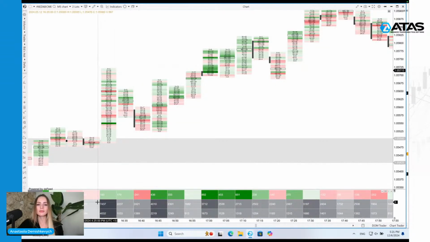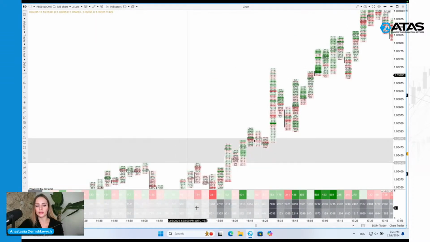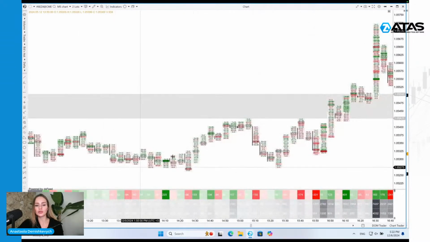At the same time, confirmation number 2: we have the number of trades increasing. It shows increasing activity of market participants, which also confirms that traders are actively entering the market, compared to the previous period when for hours the price had barely any volume and barely any trades executed.